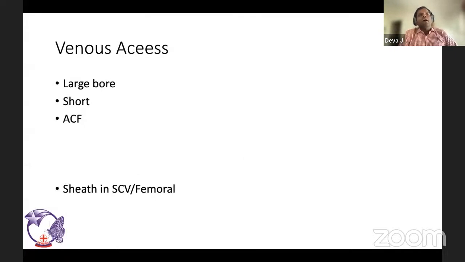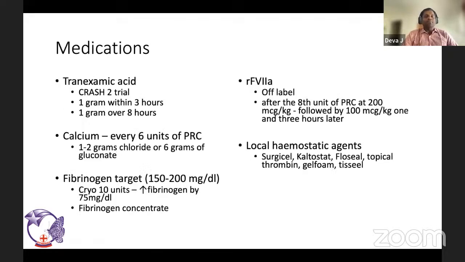I'm talking about your PA sheath, the cordis sleeve, or a dialysis line, which is a large bore line. You want a large bore line in a large vein so you can transfuse products and crystalloids quickly. So that's one slide on venous access.